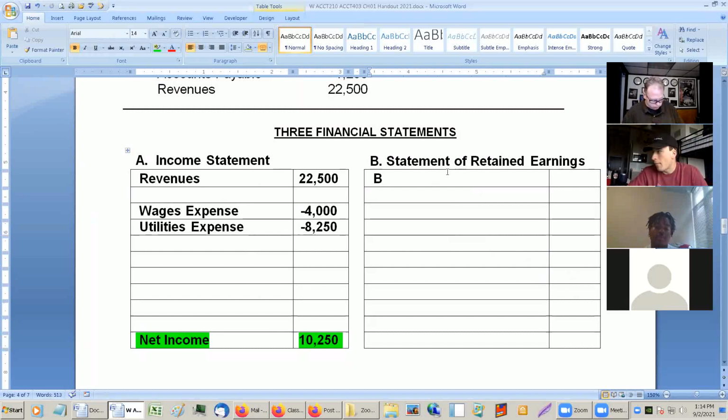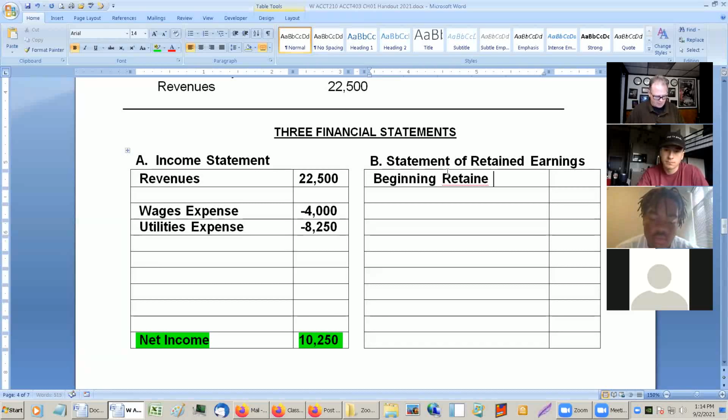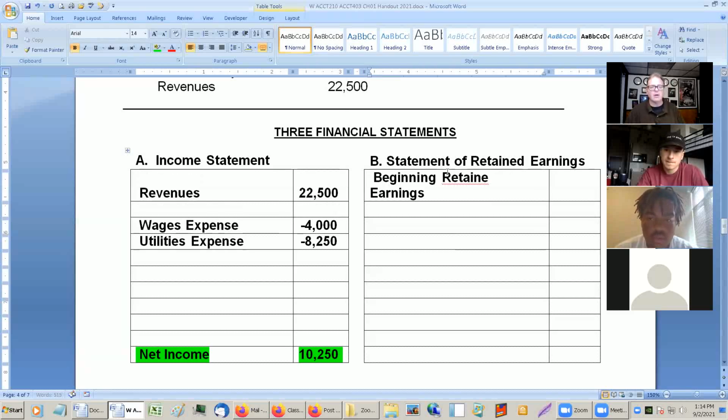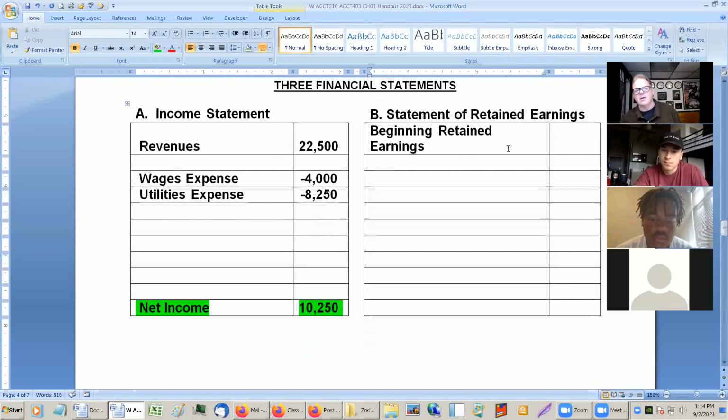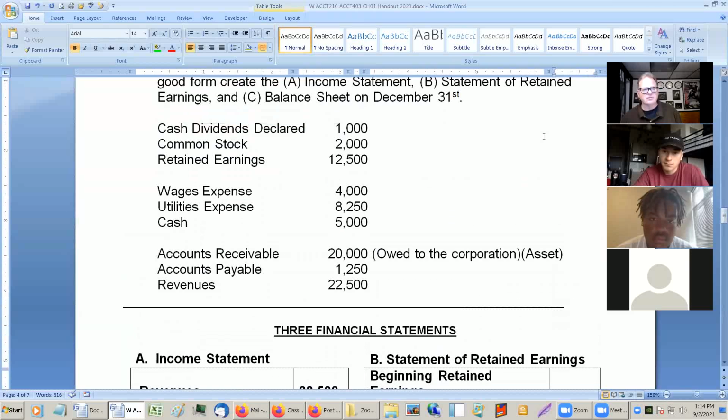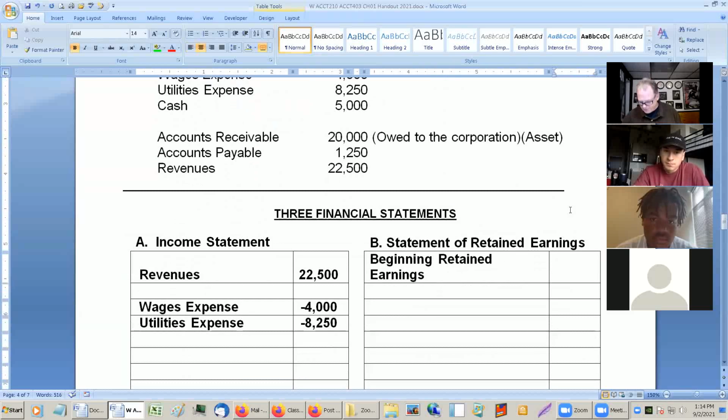Retained earnings. And by the way, feel free to cut and paste any of this stuff, obviously. Feel free to misspell things just like I do. Okay, so retained earnings is 12,500.